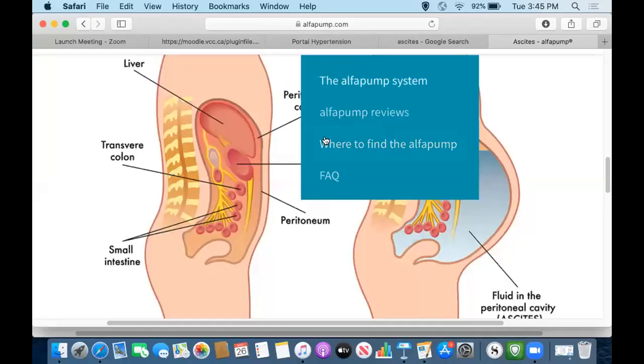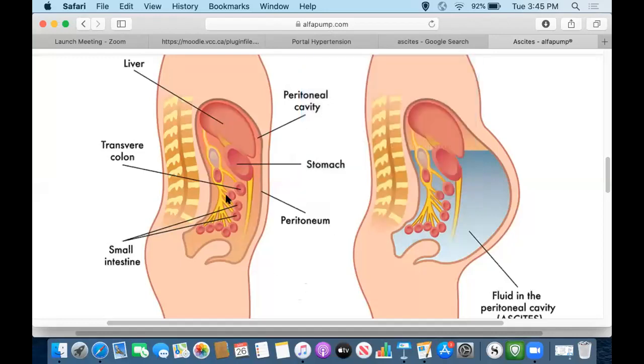This is a pretty nice picture here of normal abdomen, normal peritoneum. Now let's throw in that portal hypertension that causes hydrostatic pressure in the vessels, pushes the water portion of blood out into the surrounding tissues, and you get this filling of the peritoneal cavity with this fluid.